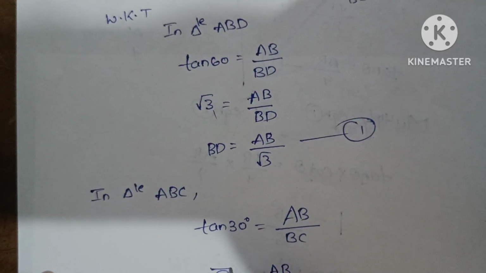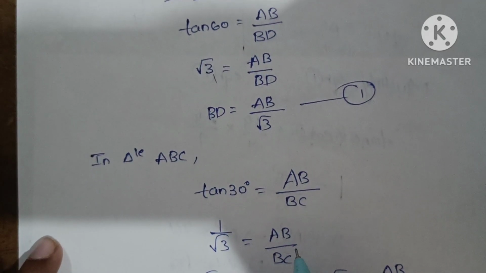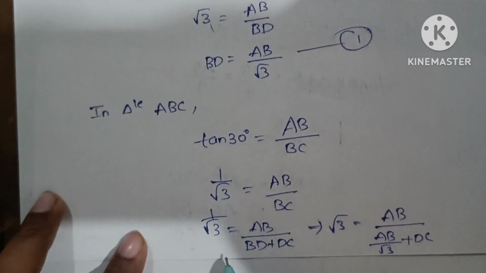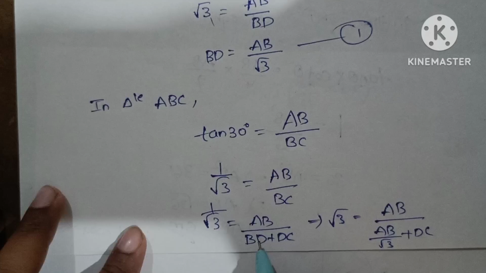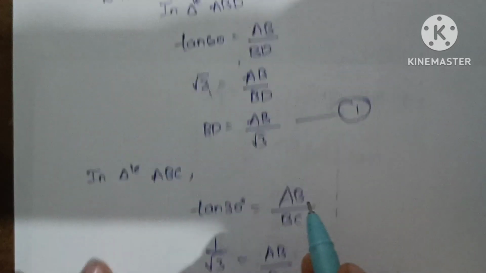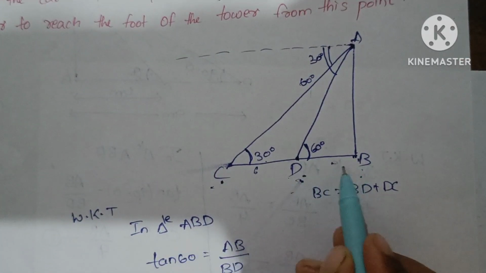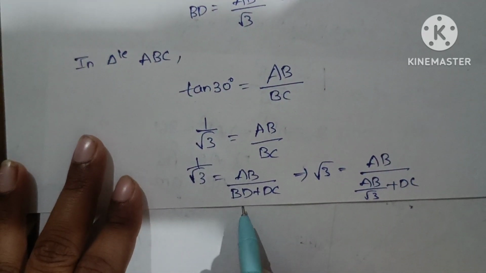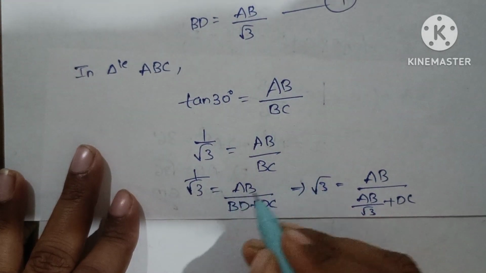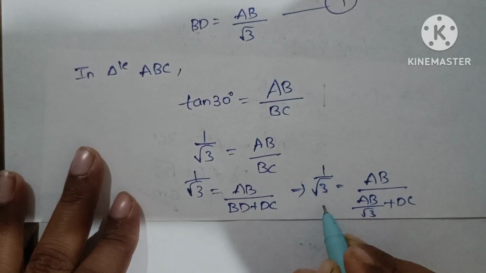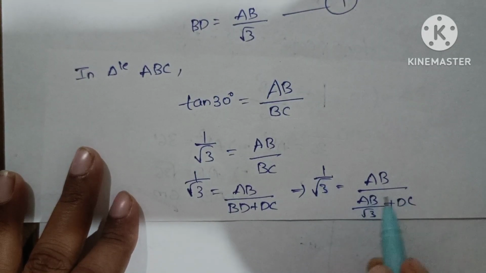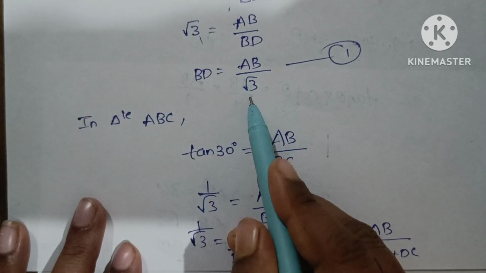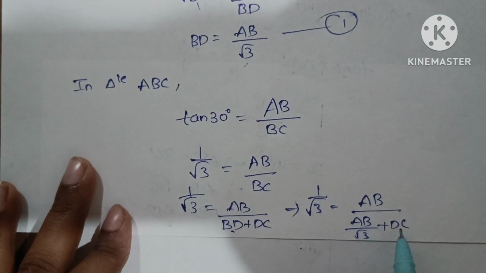Tan 30 value how much? 1 by root 3 equal to AB by BC. BC means BD plus DC. That one only I substitute here: BD plus DC. So 1 by root 3 equal to AB by BD, which is AB by root 3 from equation 1, plus DC.